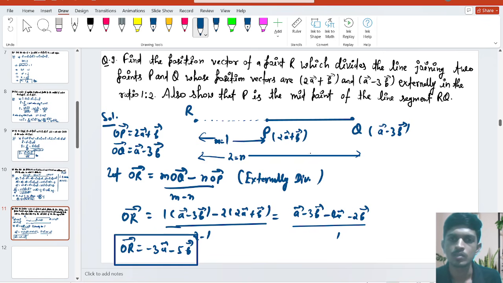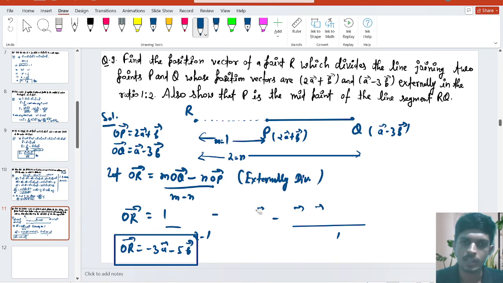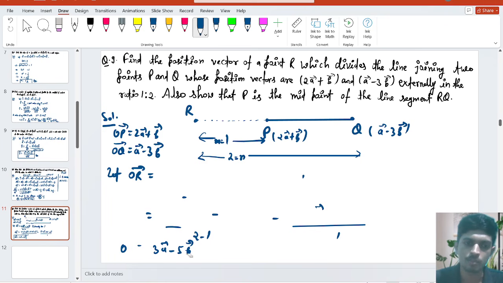Something is wrong here, there is some mistake, so once again we write the formula here.